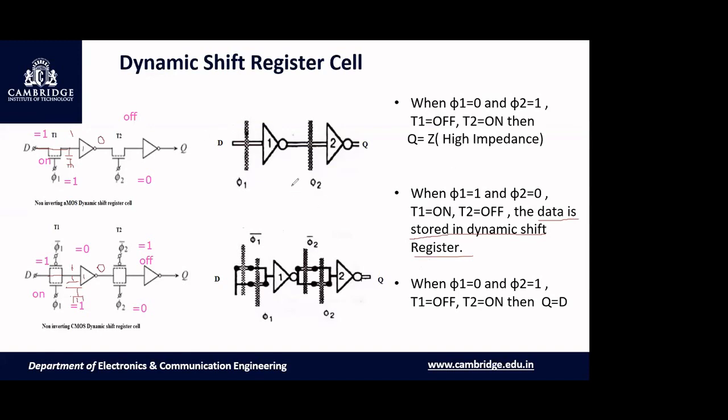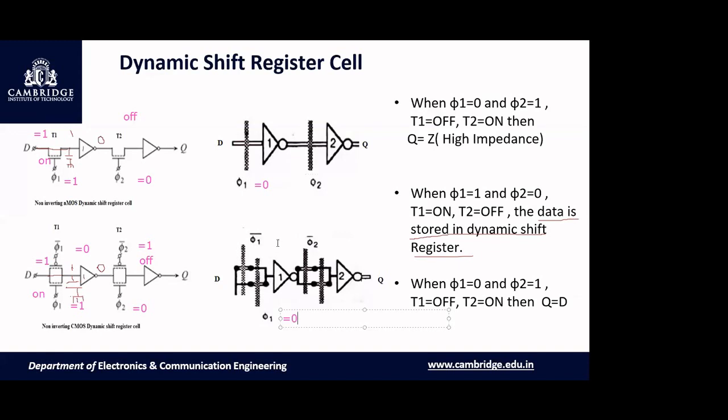So here I'll consider this one. Last case we'll take. In the second case, we had stored the data. The last case we'll take. So here I'll make phi 1 equal to 0. I'll use the stick diagram and the symbol diagram to explain.